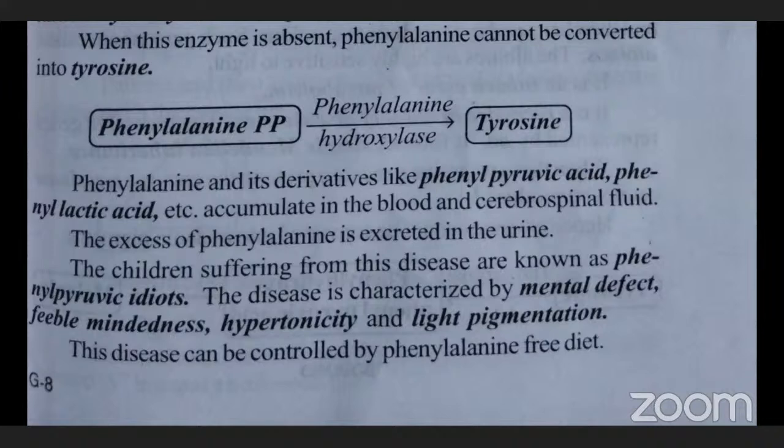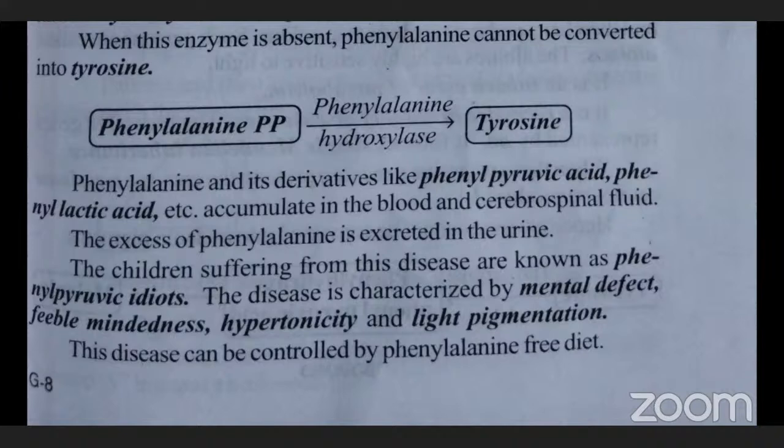Just now I told you that inborn error diseases are metabolic disorders; we cannot cure them, but we can control them. So phenylketonuria is controlled by a phenylalanine-free diet. Foods contain many proteins, so those particular amino acids are also present. You must avoid phenylalanine in food, because excess phenylalanine is already accumulated in your blood. So we must follow a phenylalanine-free diet.